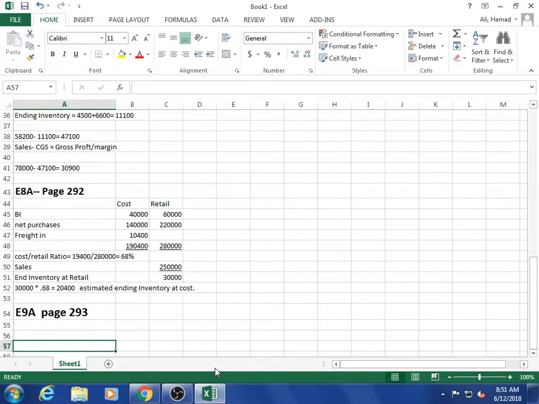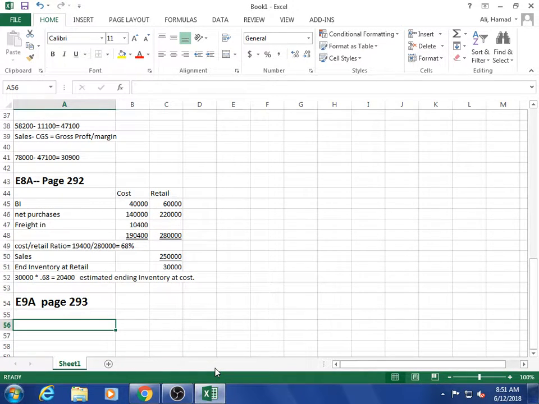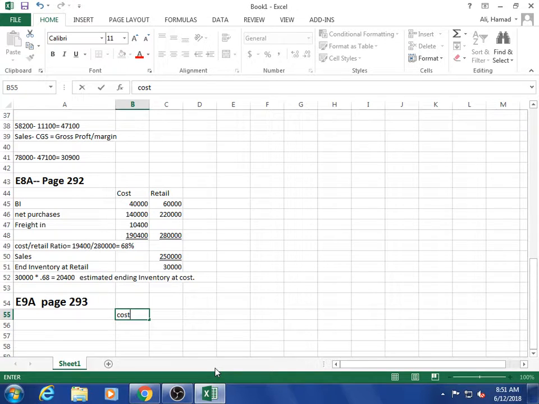So let's do like what we did with the first one. We don't have here at cost or at retail. Guess why? Because we're just looking at gross profit. We're not looking at available for sale.